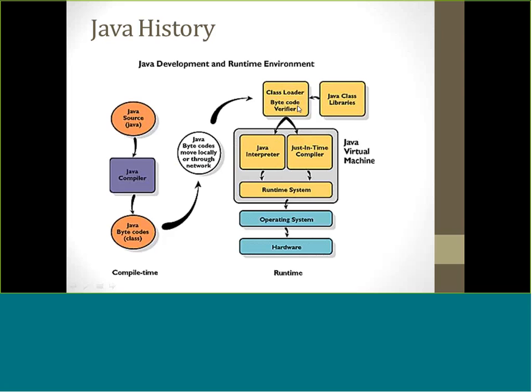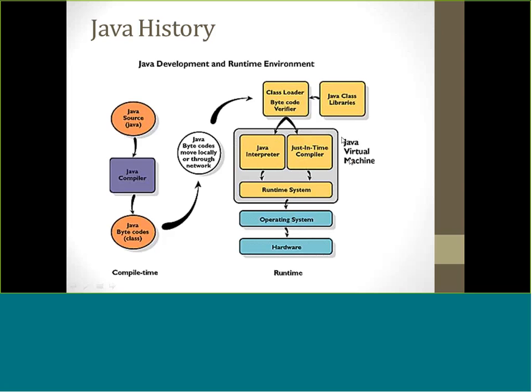We will talk about all these details later, but just bear with me for this screen share. The class loader first validates whether it is proper bytecode or not, and then hands it over to the Java virtual machine. The Java virtual machine talks to the operating system, which in turn talks to the hardware, and finally your program gets executed. So this is how the JVM works.